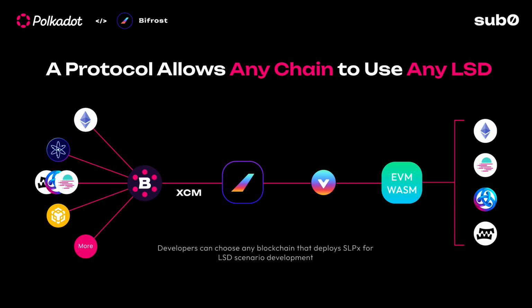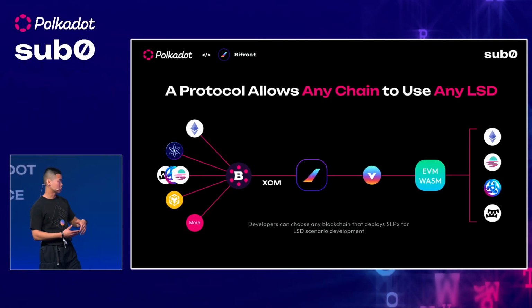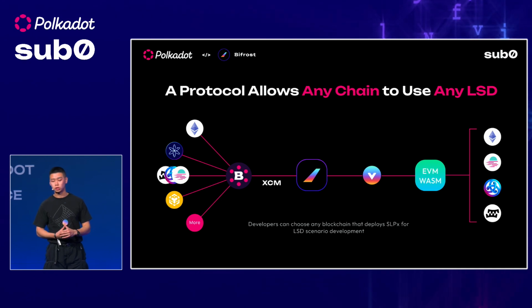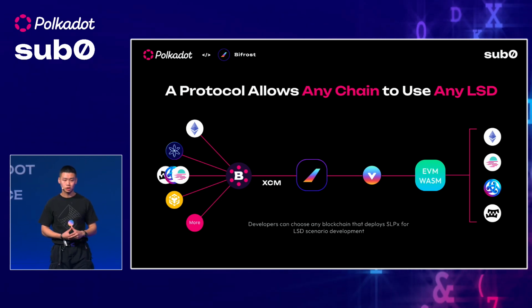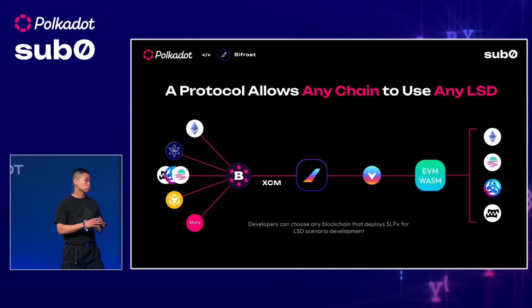All right. Right now, we have some brief ideas about what liquid staking is and how Bifrost liquid staking works. It's about time for a brief introduction to what Bifrost SLPx is. We name it a protocol which allows any chain to use any LSD. Can I ask you a question first?